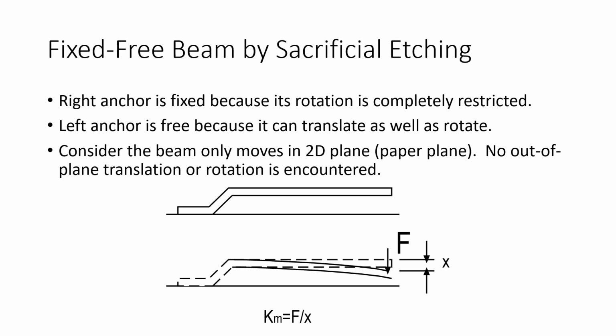Now, how do we calculate the beam displacement? If we apply a force, the amount of displacement is F divided by Km, or you can calculate the Km as F divided by x.